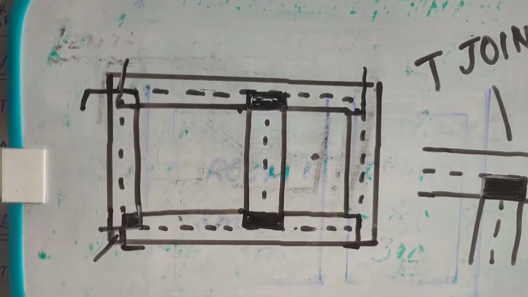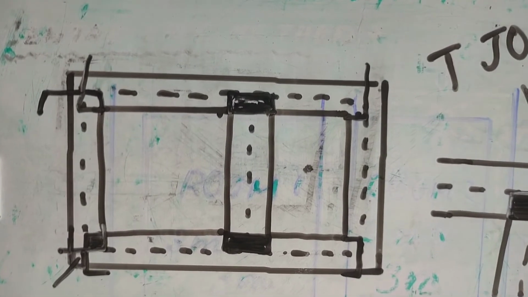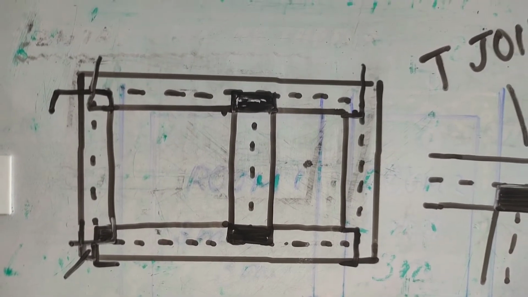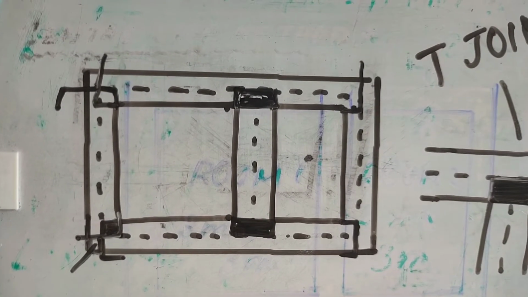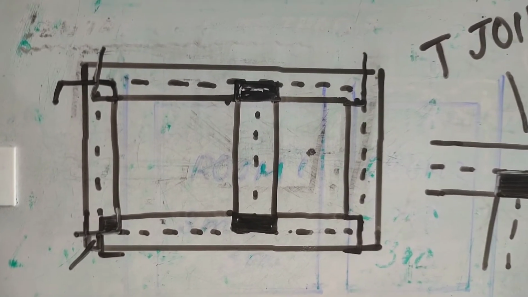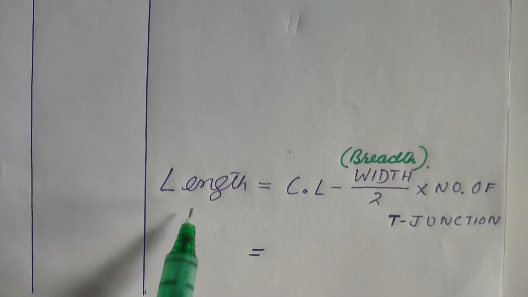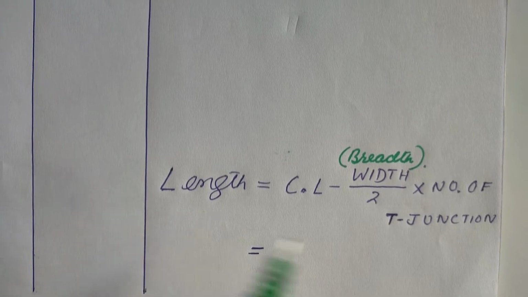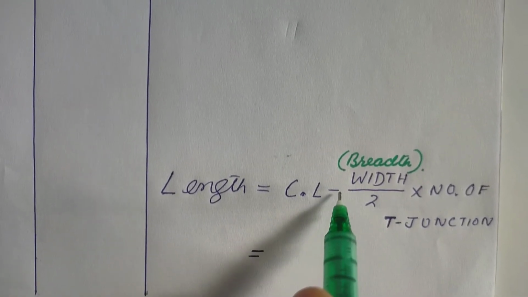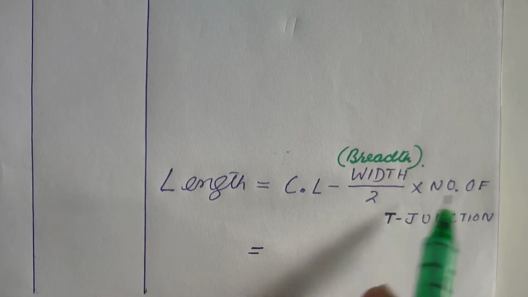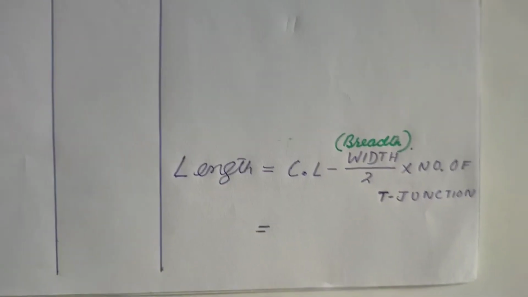So I have cited a simple equation for how to make the deduction and how to find the length of the earthwork in excavation. That is the first particular of our table. This is the simple equation: length equals center line minus breadth by 2, or width by 2, into number of T junctions.